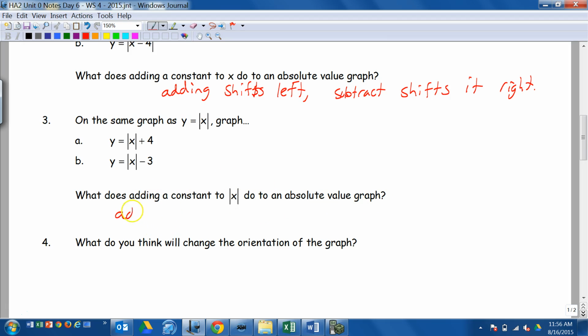Adding shifts it up. Now notice that when it's on the outside, the sign corresponds with what you would think. Positive means it goes up, negative means it goes down. With left and right, though, the signs are opposite. So subtracting will shift it down.